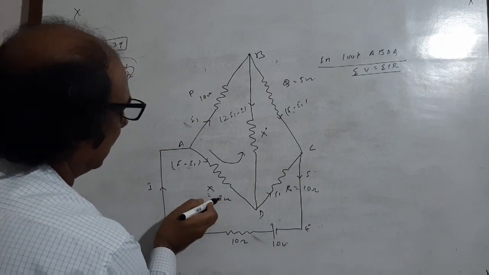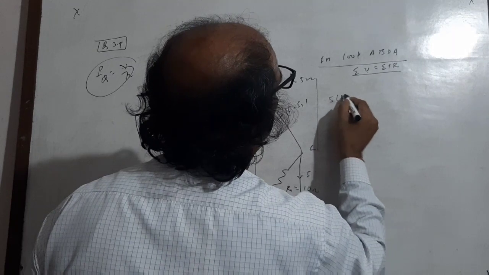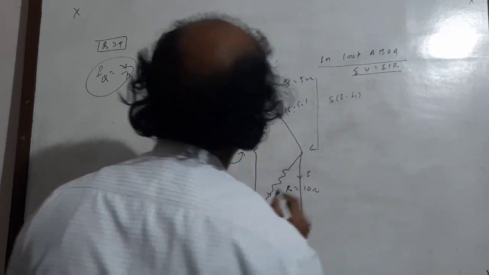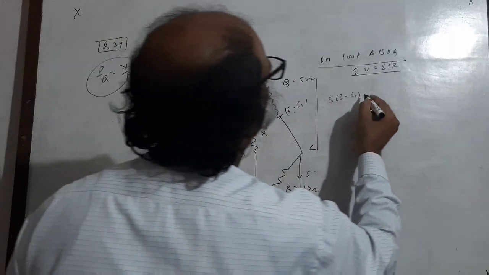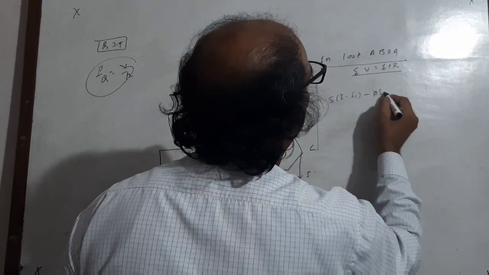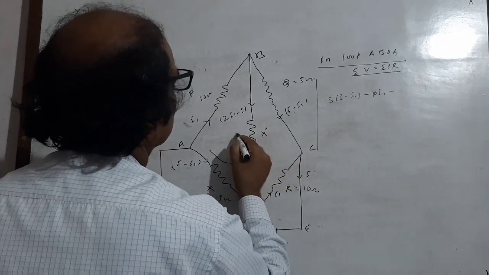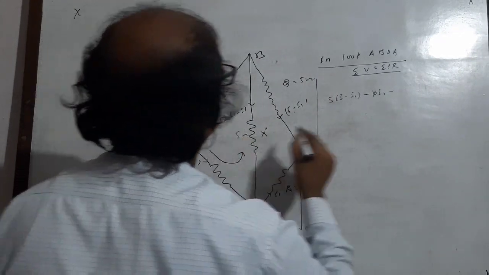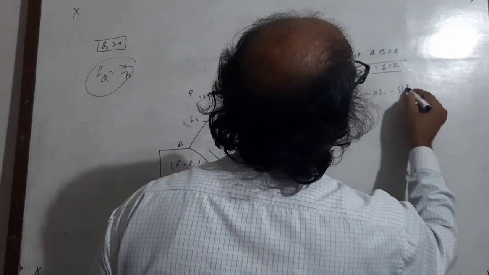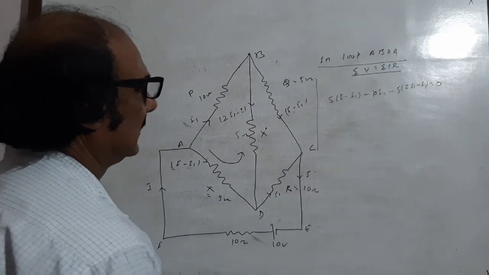So here 5 into I minus I1, and this one minus 10 I1, minus, this value is 5, so 5 into 2I1 minus I equal to 0.